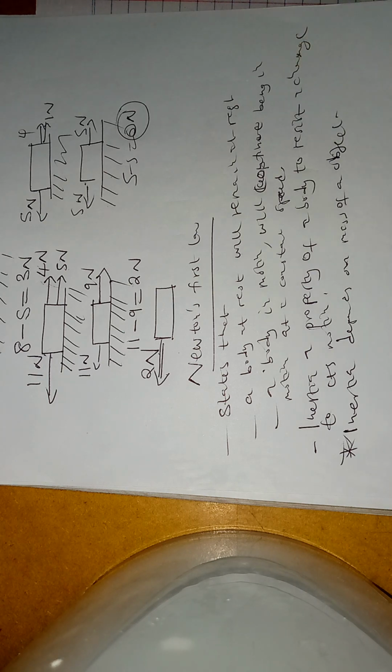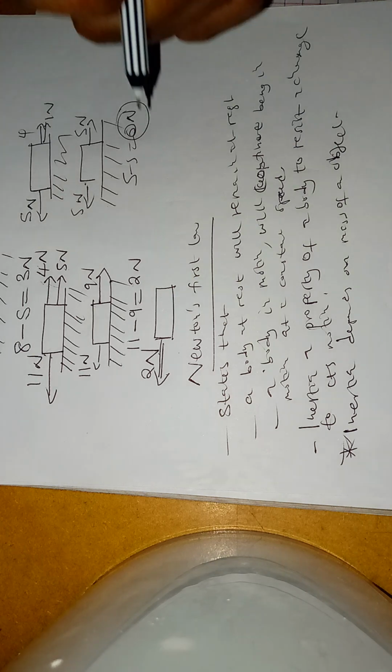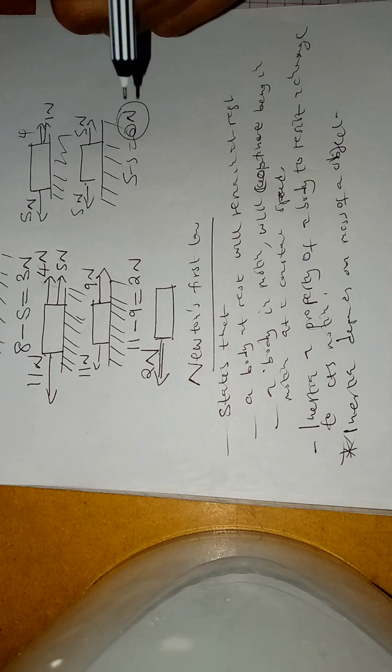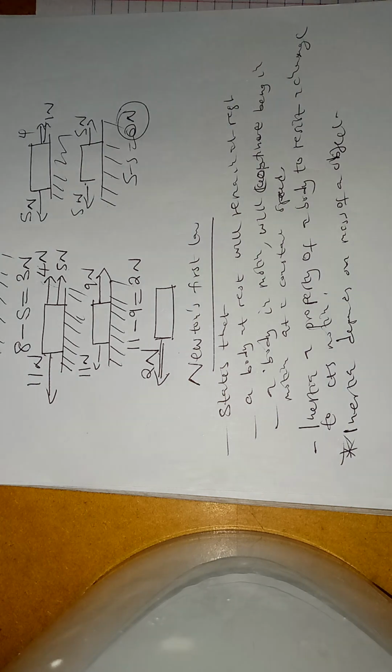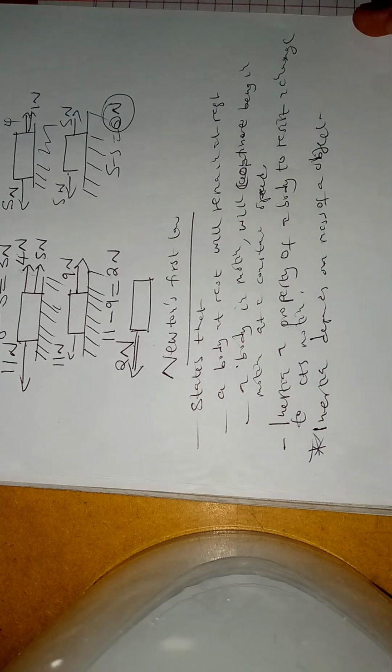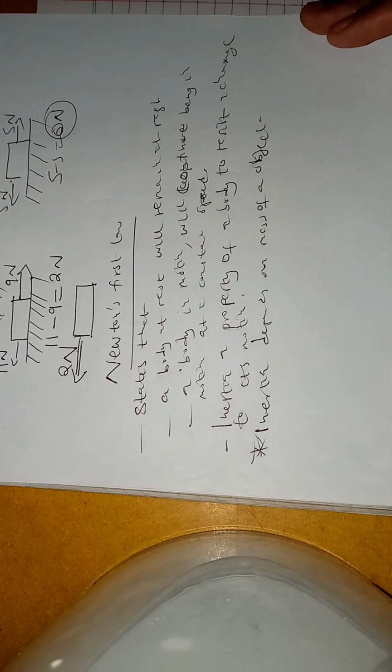You're going to easily move a wire car because it has a low mass, so it has low inertia. But a big truck has a higher mass, so it has higher inertia. It has high resistance to change in its motion. Okay. Having understood that, let's look at Newton's second law of motion.